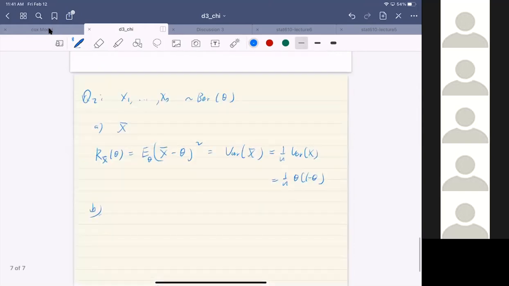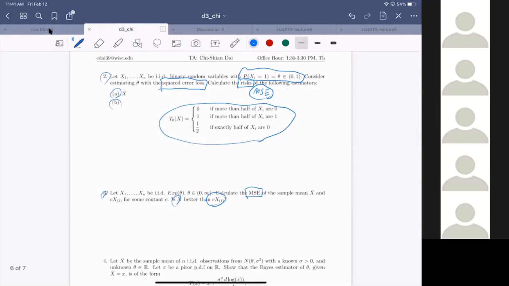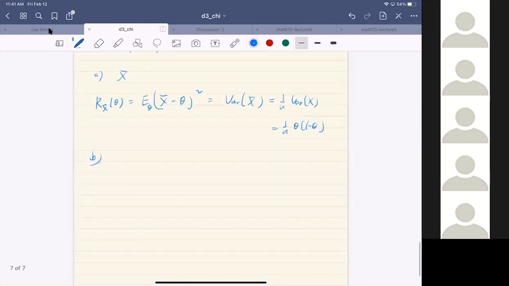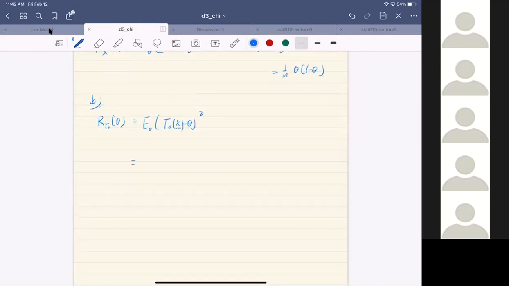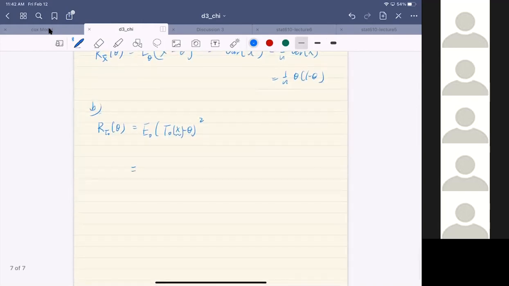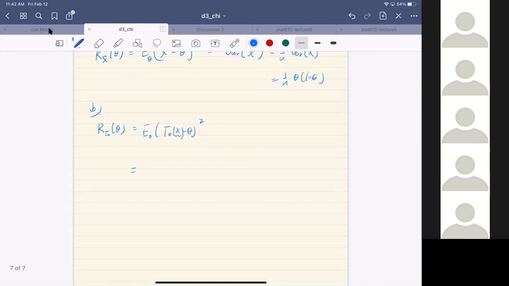Our T risk definition is the expectation of T minus theta squared. And T only has 3 possible outcomes.